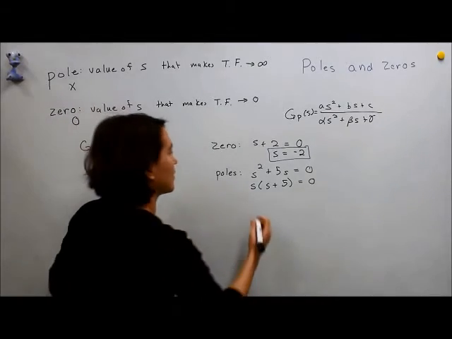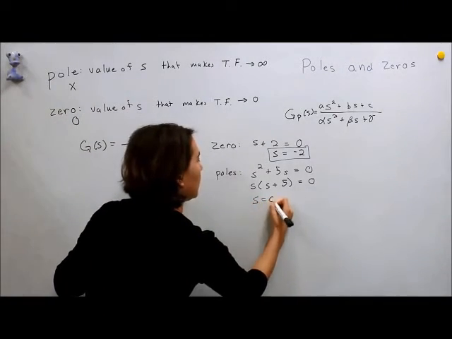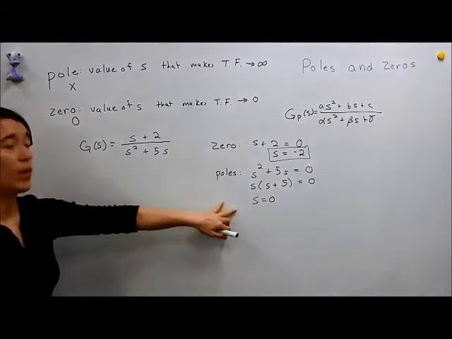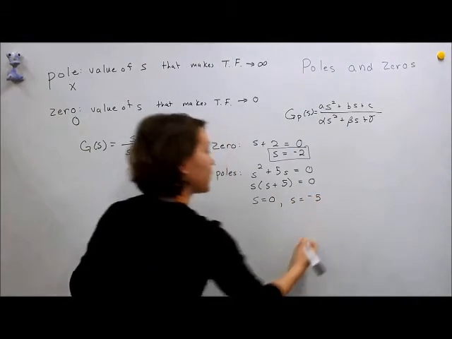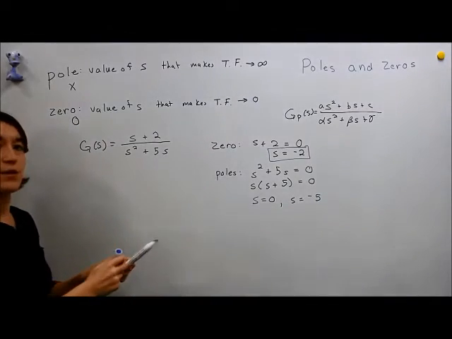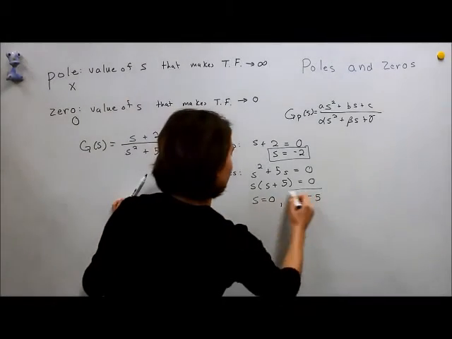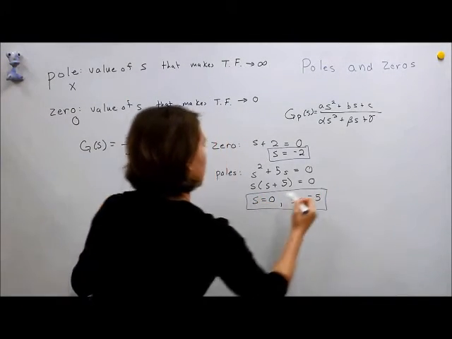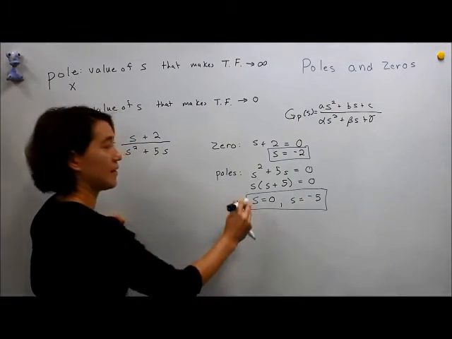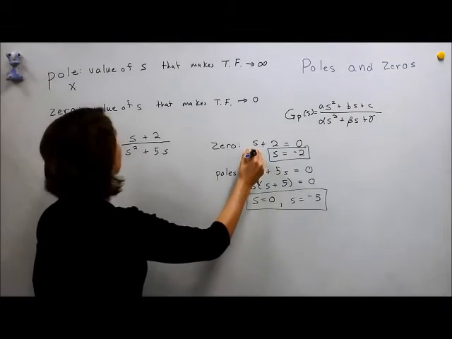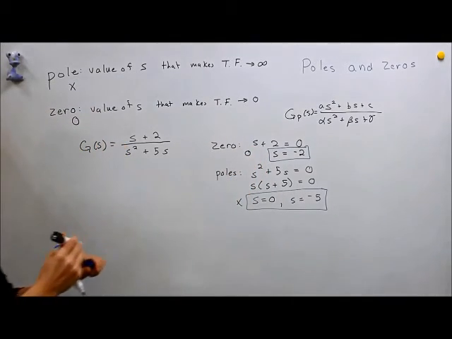If s is equal to 0, then that is one of the poles. Or if s is equal to negative 5, we have that expression is also equal to 0. So our poles here would be 0 and negative 5, and our zero here would be negative 2.